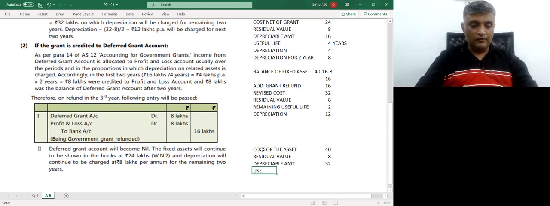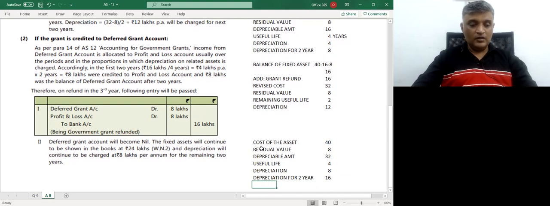What is the useful life? It's around 4 years. Therefore, depreciation is going to be 32 by 4. It's going to be 8 lakhs every year. So for the 2 years period, depreciation for the 2 years is going to be 16 lakhs, right? Which means what is the balance of the fixed asset?